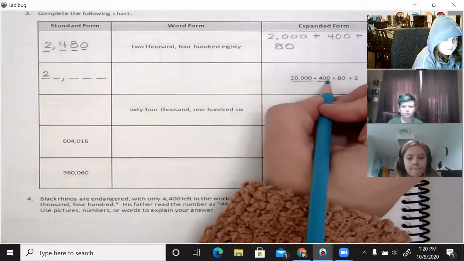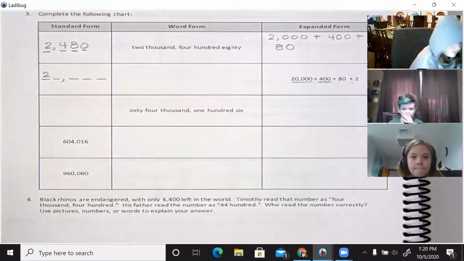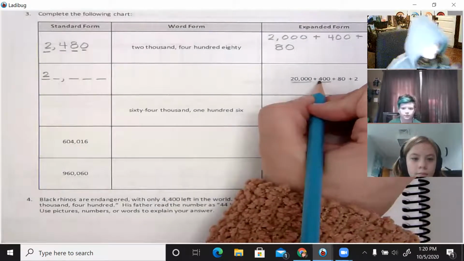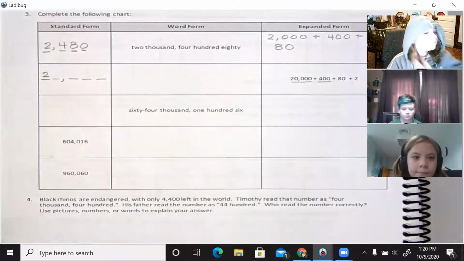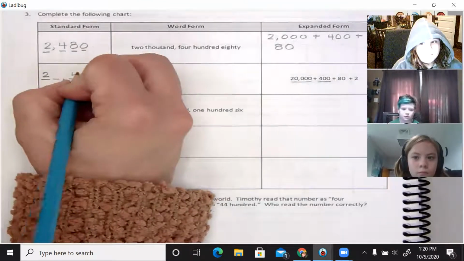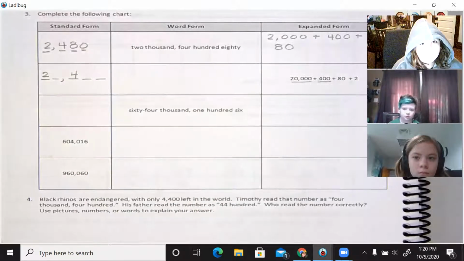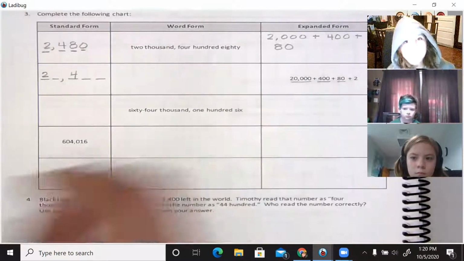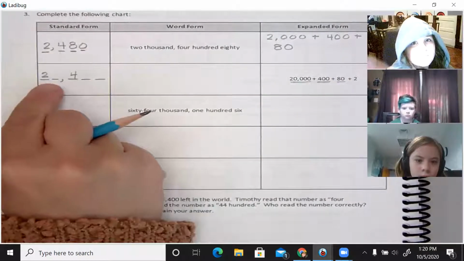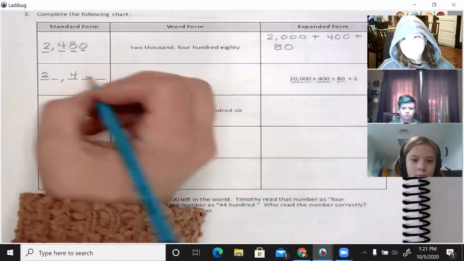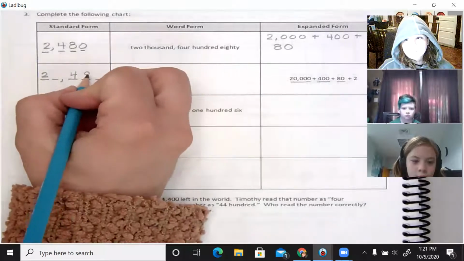Then I move over to the number 400. The 4 is in the hundreds place. So I'm going to look at my missing digits. I find my hundreds place and I put my 4 there. I move over to 80. I know that the 8 is in the tens place. So I look at what I have here. I know that the second smallest place value is tens.